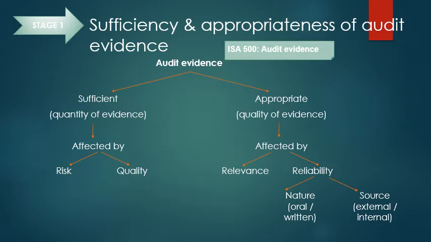Reliability in turn also depends on what the nature of your evidence was, whether it was perhaps oral evidence or written evidence, and also what the source of that audit evidence was. Was it evidence that was obtained externally or internally? And the relevant standard that you need to refer to in this instance is ISA 500, which deals with audit evidence.